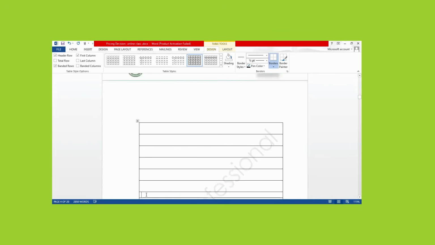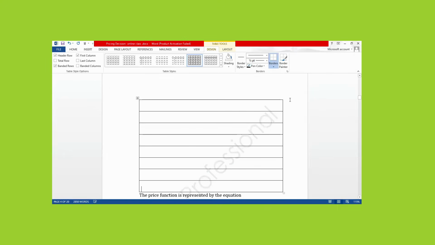It is the price at a level of sales where marginal revenue equals marginal cost.